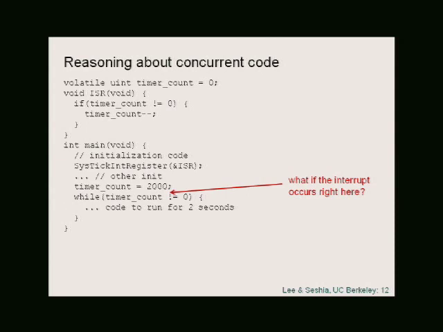All right. But getting back to this question, if the interrupt happens here after timer count is set to 2000, then the ISR executes. Timer count is non-zero, so it decrements timer count. Okay. So at this point in the code, what we know is timer count is going to be less than 2000. Right? It could be decremented once, but it could also be decremented multiple times. We expect that after the timer count equals 2000 instruction is executed, the branch corresponding to the while statement here should execute shortly thereafter.